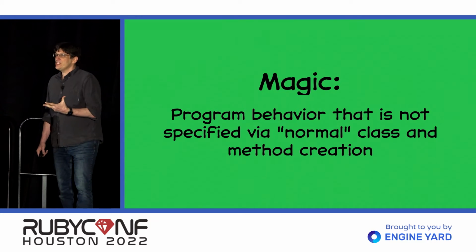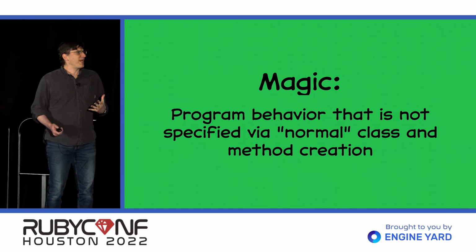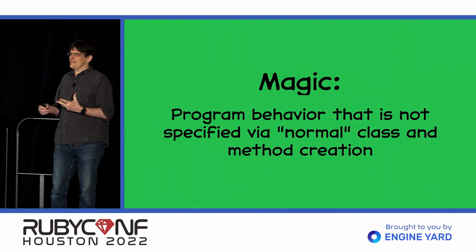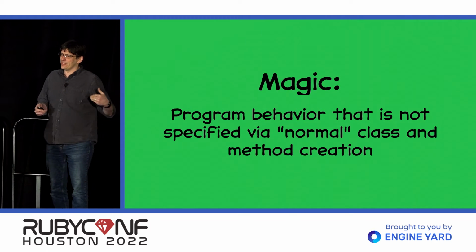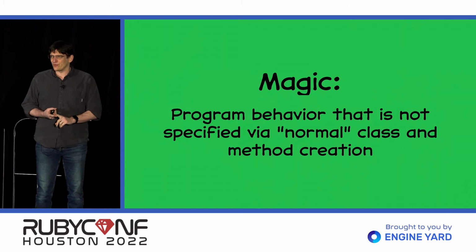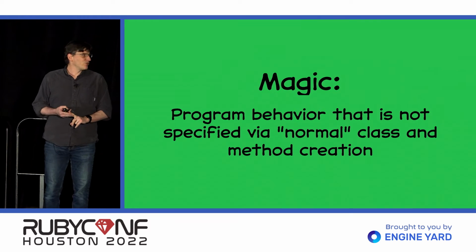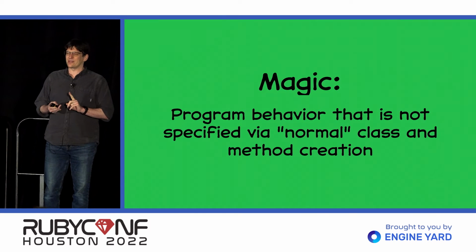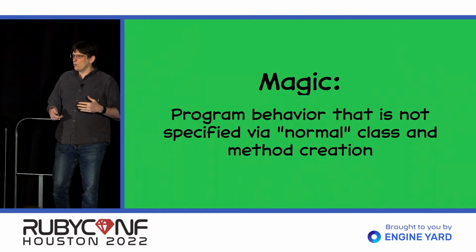My definition of magic is anything in Ruby that is program behavior that is not specified normally. Not specified the way somebody from another language would know to look for it. So normal is a class definition with class, a method definition with def, normal dot syntax for method dispatch, that kind of thing. And anything else we'll call magic.